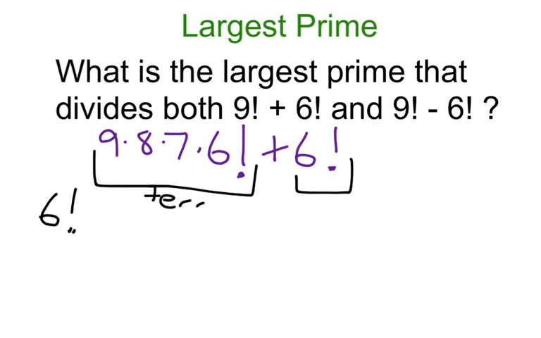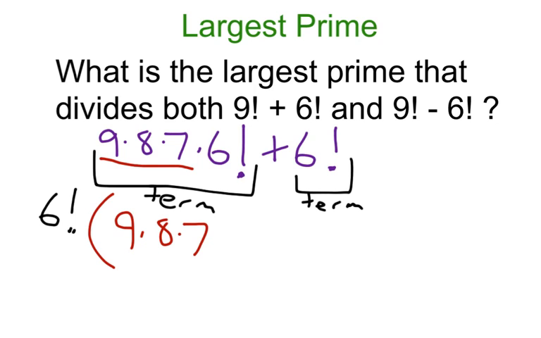This is our first term. This is our second term. And remember, terms are separated by adding or subtraction signs. So 6 factorial times what will give me this first term? Well, 6 factorial times whatever's left over, so the 9 times 8 times 7.